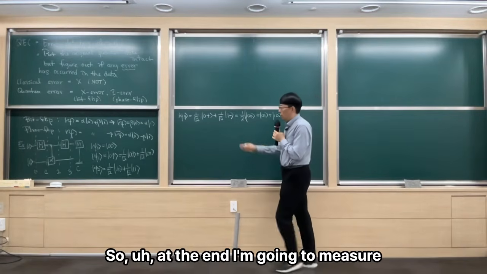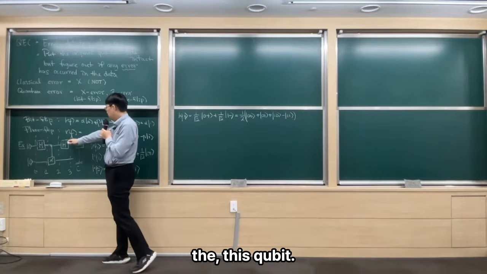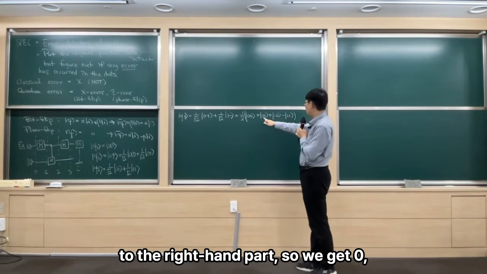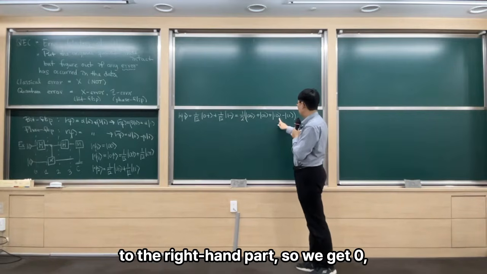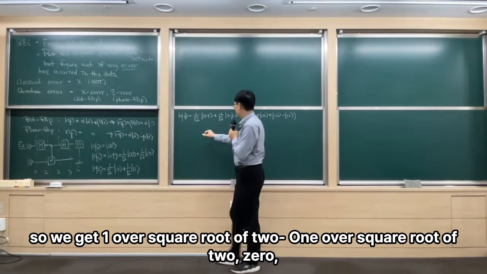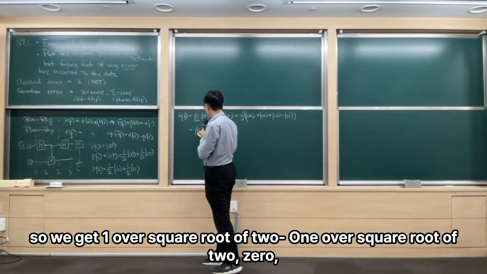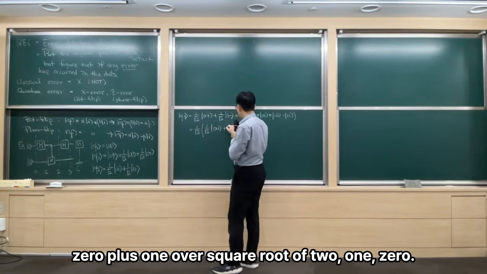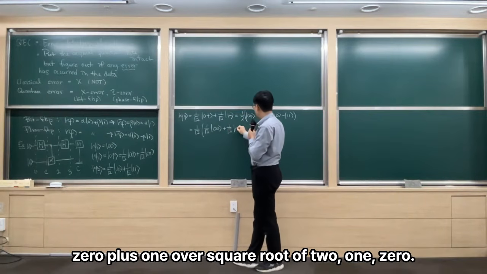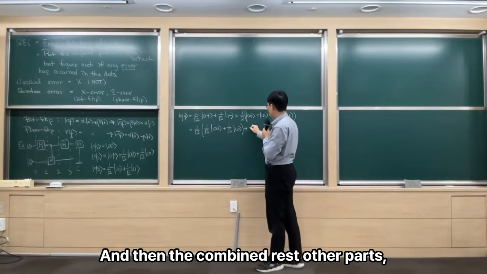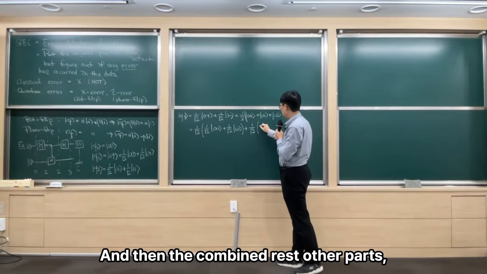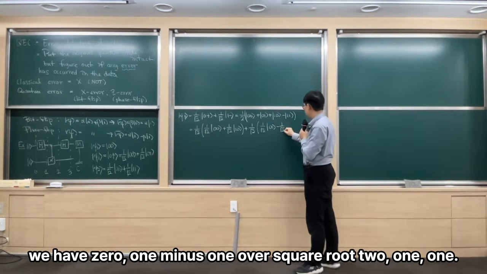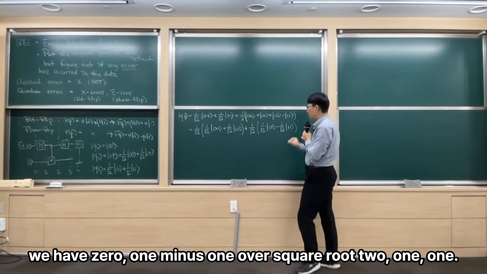At the end I'm going to measure this qubit, so I combine according to the right-hand part. We get 0, 0 on these two states, so 1 over square root of 2, 1 over square root of 2, 0, 0, plus 1 over square root of 2, 1, 0. And the combined remaining parts, we have 0, 1 minus 1 over square root of 2, 1, 1.